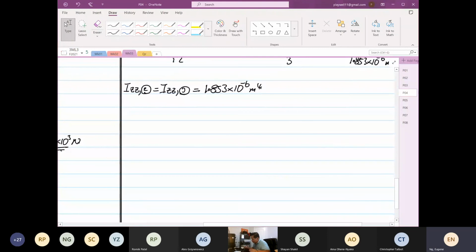So from here, we can calculate our IZZ. It is equal to IZZ1 plus IZZ2 plus IZZ3.